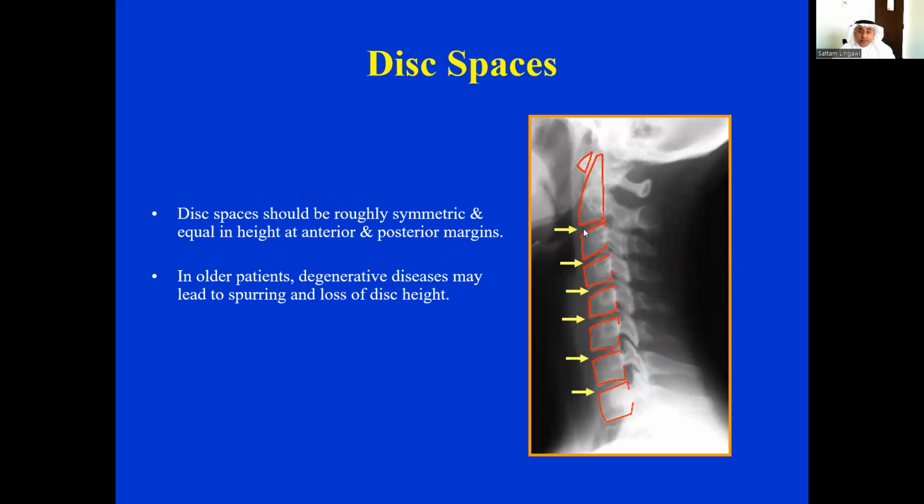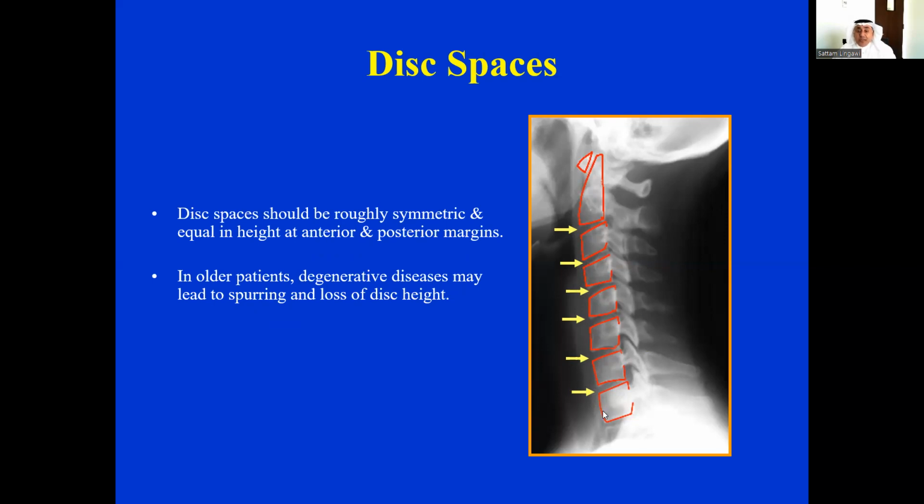Assessment of the intervertebral discs is also important, as they constitute a major part of the soft tissue components of the cervical spine. Assessing them is looking for any evidence of abnormal narrowing of the anterior or the posterior parts of the intervertebral discs, or any sign of any associated thickening of the prevertebral soft tissue.